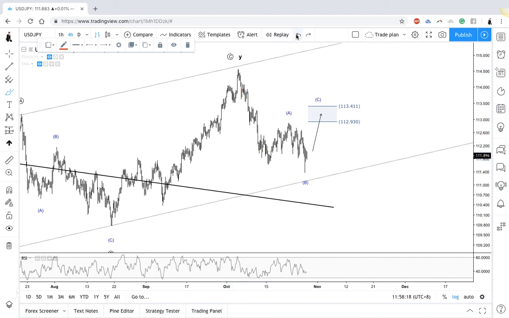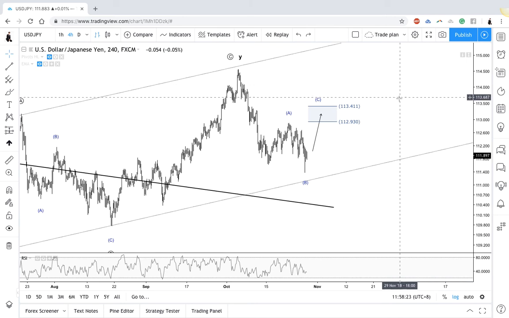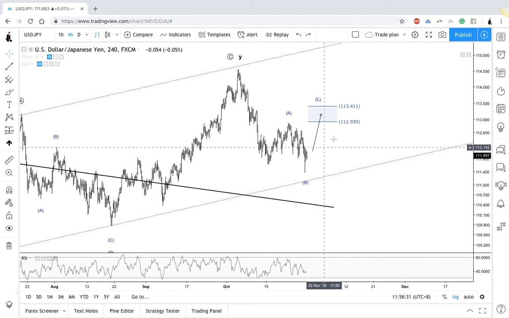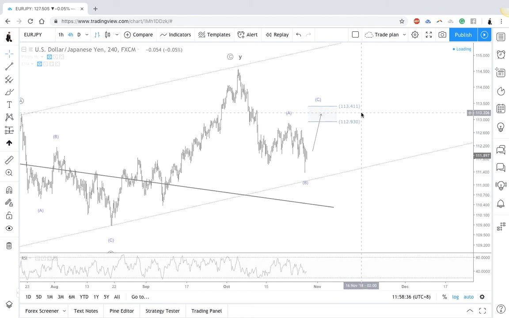Right, so for the yen, if I go through all the yen pairs, you would see that based on last week's movement on the yen pairs, this week we'll be expecting some form of a correction. Right, so dollar yen, we're expecting it to correct higher towards 112.9 or 113.4.